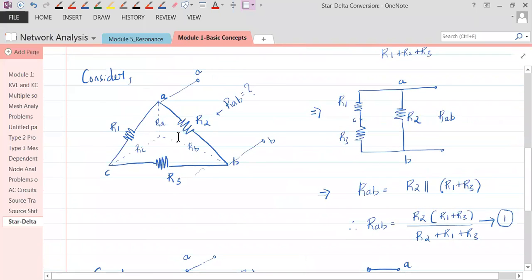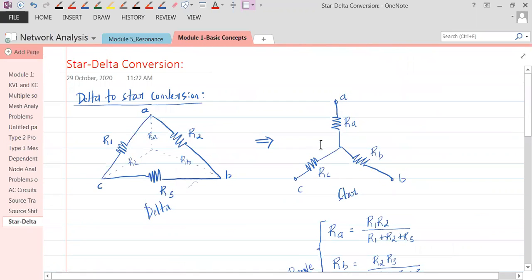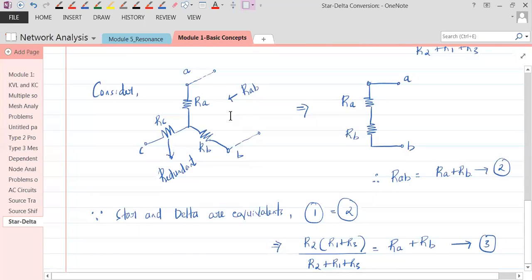What we have done, we have taken a delta, and from delta we got the equation for the resistance RAB across terminals AB. We considered star and got the equation for the resistance RAB. When we are doing that with star, RC becomes redundant, so we neglect that.